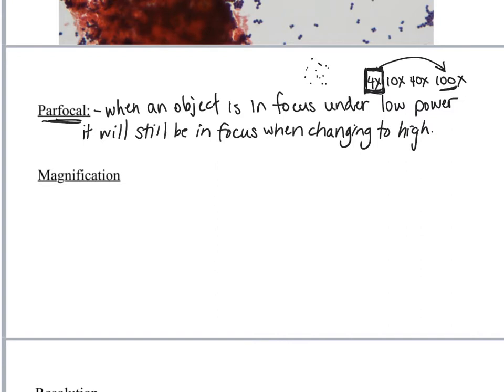Now, a lot of times students like to find it under low, and then they look under medium, and then under high, and then they put their drop of oil and look under oil immersion. I wouldn't recommend that. You can switch back and forth between these objectives, definitely, but I would encourage you to find it under low and then put your oil on and go directly to the oil immersion lens.